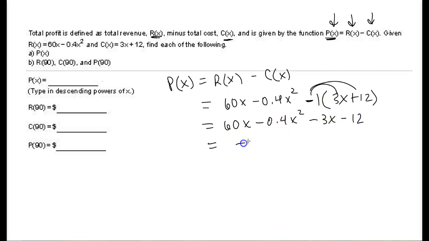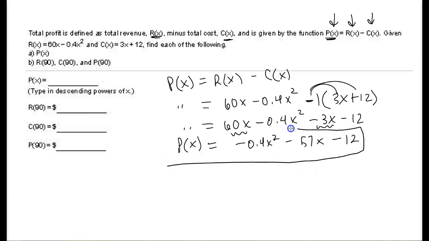And then from here, we will just combine like terms. So we got -0.4x squared, and 60x and -3x are like terms, so we'll combine those. 60 minus 3 is 57x. And then of course we'll have 12. So our p of x function will be this.